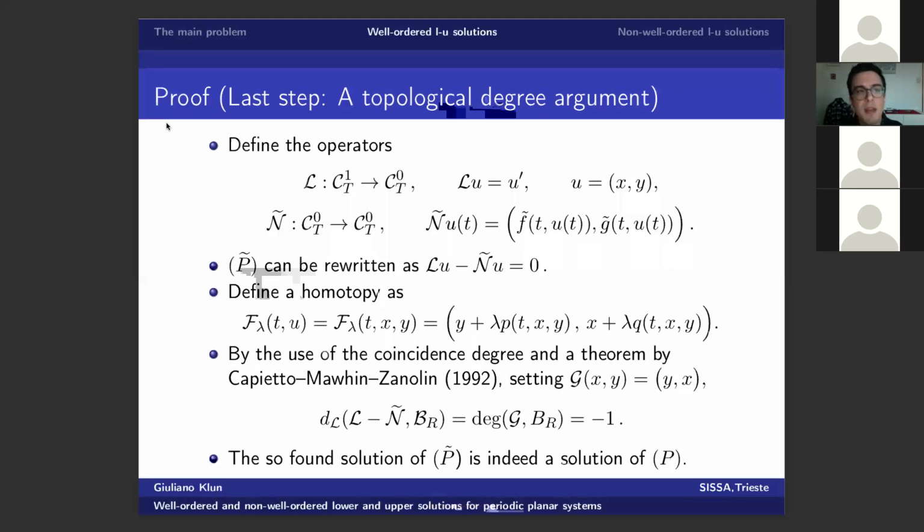So the last step is to invoke a topological degree argument. Namely, we can introduce two operators: the operator L from the space of continuous C1 functions periodic of period T to the C0 functions of period T, such that Lu is equal to u prime, that is the derivative component by component, and N tilde is the operator from C0T to C0T that associates to u of t, f tilde of t, u of t, and g tilde of t, u of t.